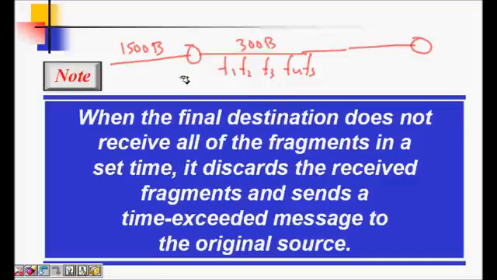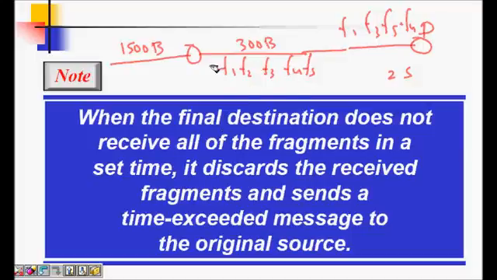Now let's say the frames were coming to this destination and there was some time limit, that in, let's say, 2 seconds I should get all the fragments of a packet. But if it got F1, F3, F5 and F4 but did not receive F2 in the set time limit, then it can say that time exceeded, I could not receive all the fragments to reassemble.